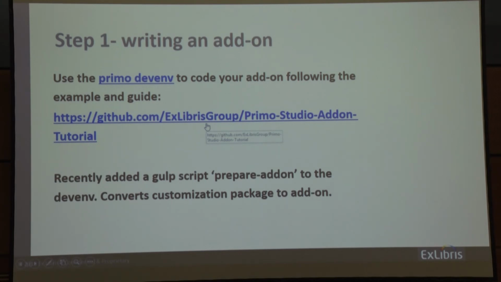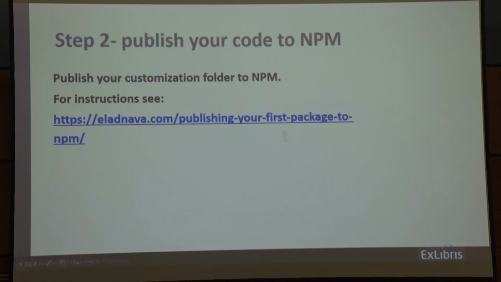What it does is take a customization folder and do everything you need to convert it to an add-on. It's a little bit of a headache right now. It also gets it ready to upload to NPM. The second thing you need to do is publish the code to NPM, because that's where Primo Studio is installing it from.